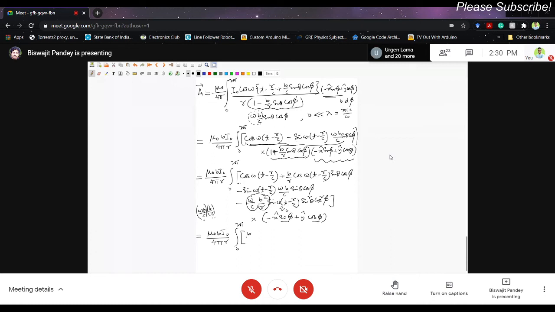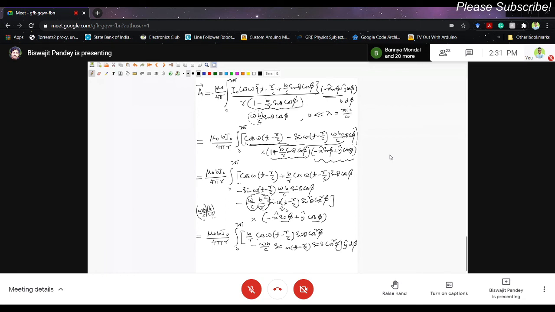So I'm writing only those terms: d by r cos of omega t minus r by c sine theta cos square phi minus omega, these two terms, this one and this one, with the last one multiplied with omega b by c sine omega t minus r by c, and what is that, sine theta cos square phi into y cap d phi, right?